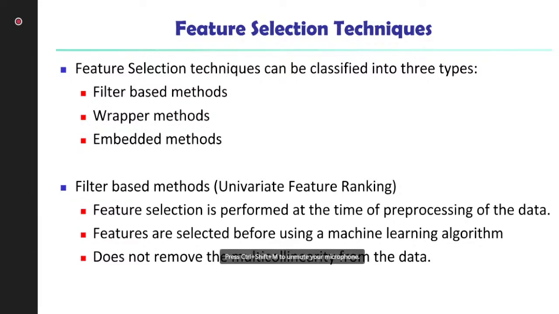Features are selected before using a learning algorithm, and it doesn't remove multi-collinearity. Multi-collinearity says how much correlated a feature is with another feature. If two features are highly correlated, that's a multi-collinearity scenario, right?